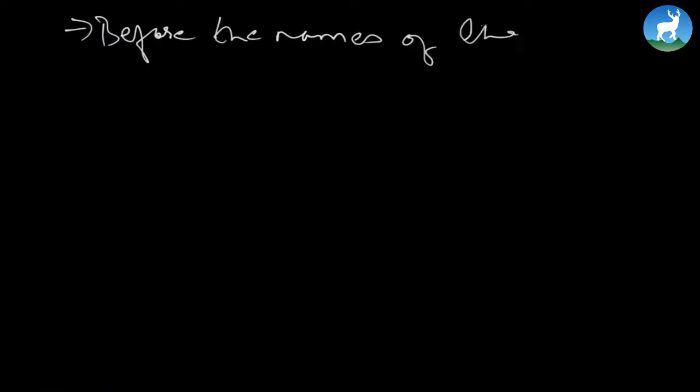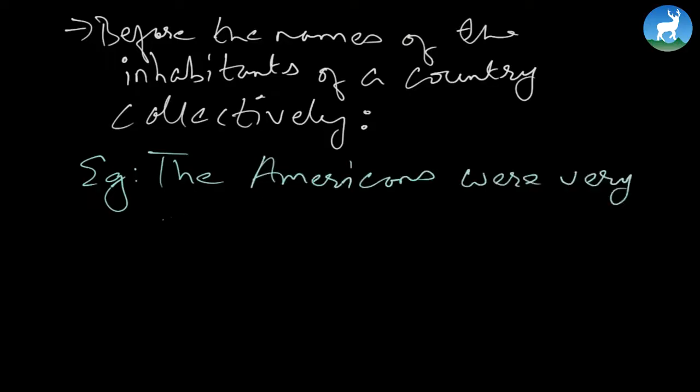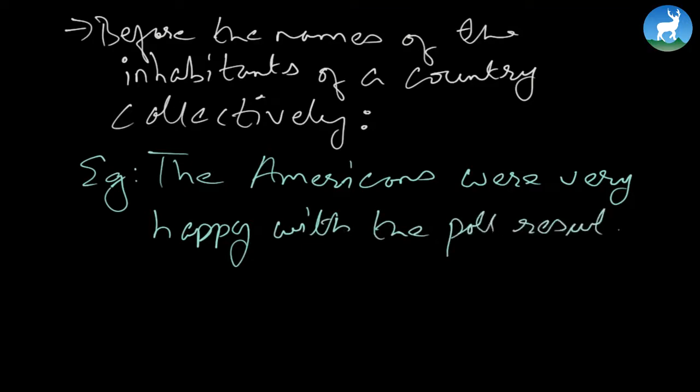Moving further, we have before the names of the inhabitants of a country collectively. Meaning if you're dealing with any nationalities of any specific country or of any given region, we're using the. Example, the Americans were very happy with the poll result.